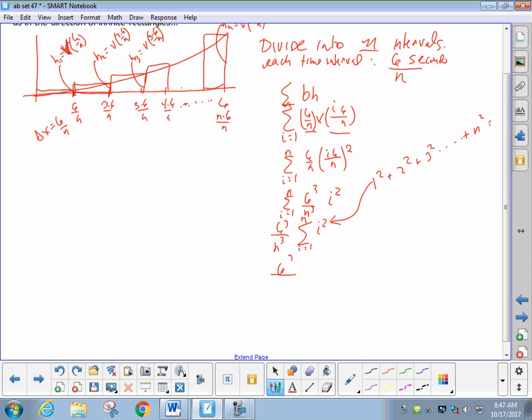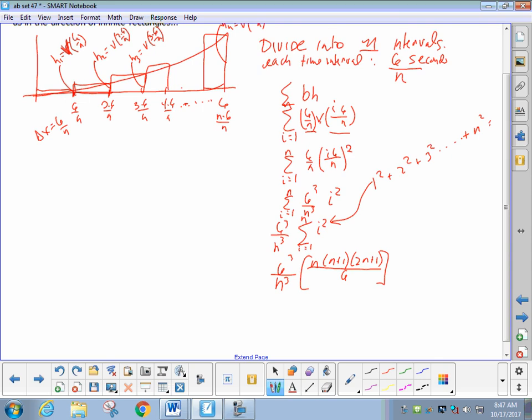6 cubed over n cubed. The formula for that, which I don't expect you to have memorized, is that regardless of where you ended, you could always find the sum of all those squares by that formula.